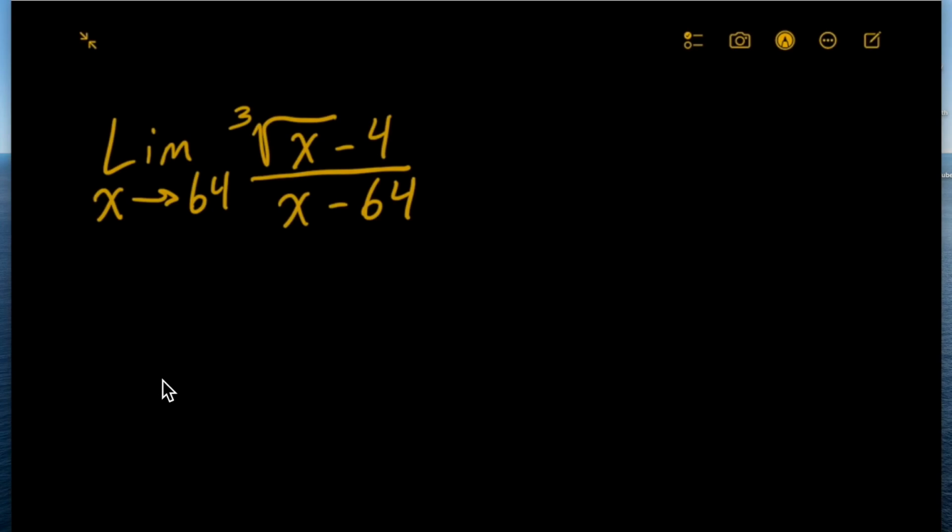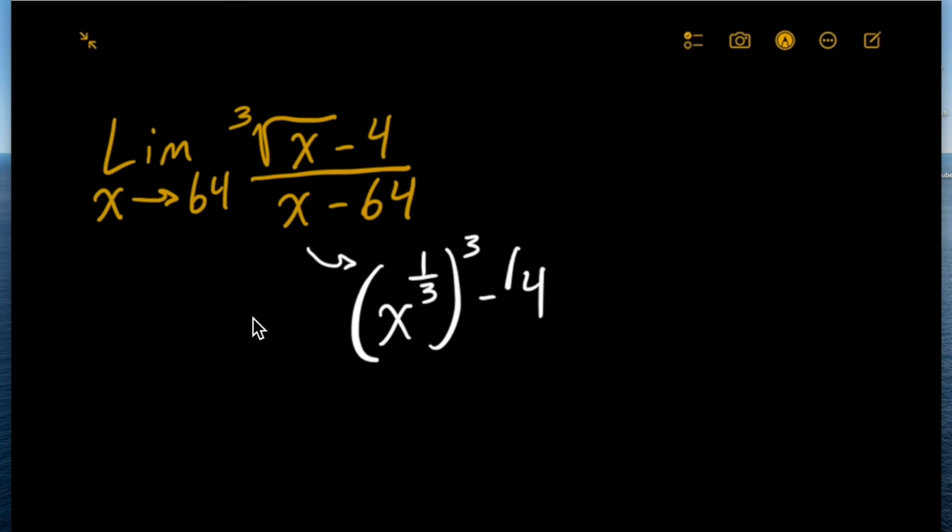Let's now look at this limit and notice that we have x to the 1/3 power, but down below, this is a hidden version of the difference between two perfect cubes. Here we go. This is really x to the 1/3 cubed minus 4 cubed.